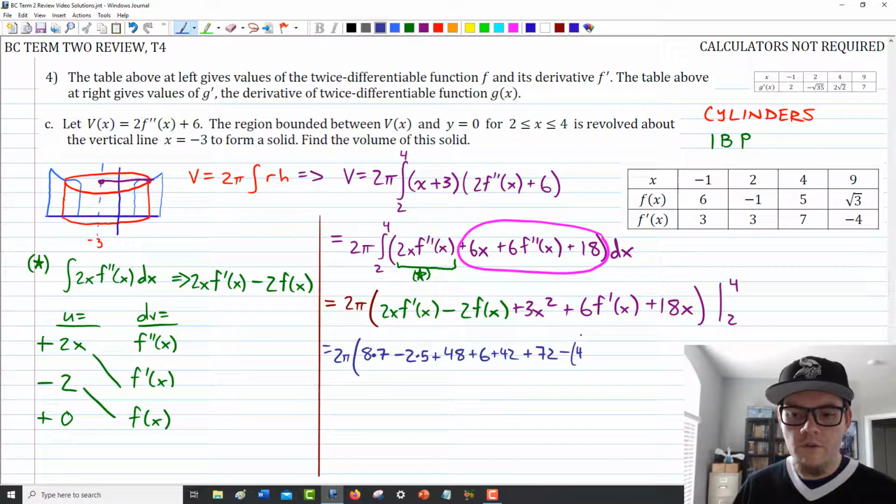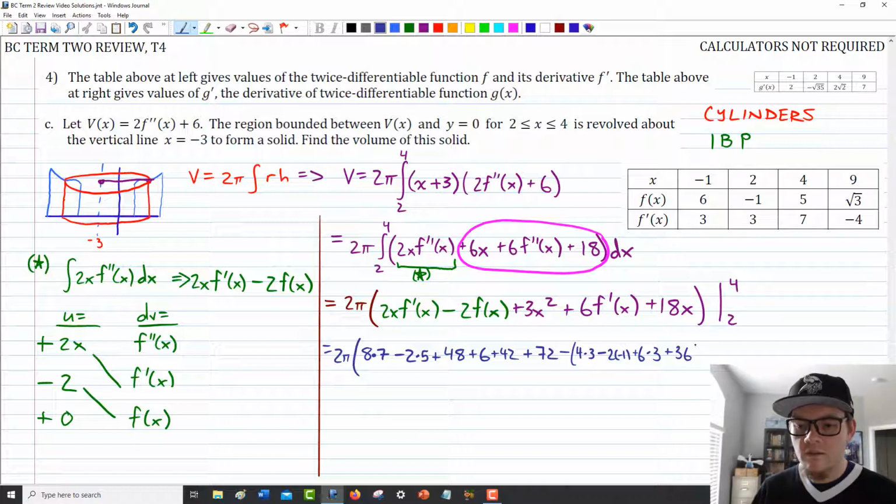So f prime of 2 is 3, so 4 times 3. Minus 2 times f of 2, which is negative 1. Looks like plus 6 f prime of 2, plus 18 times 2, plus 36.